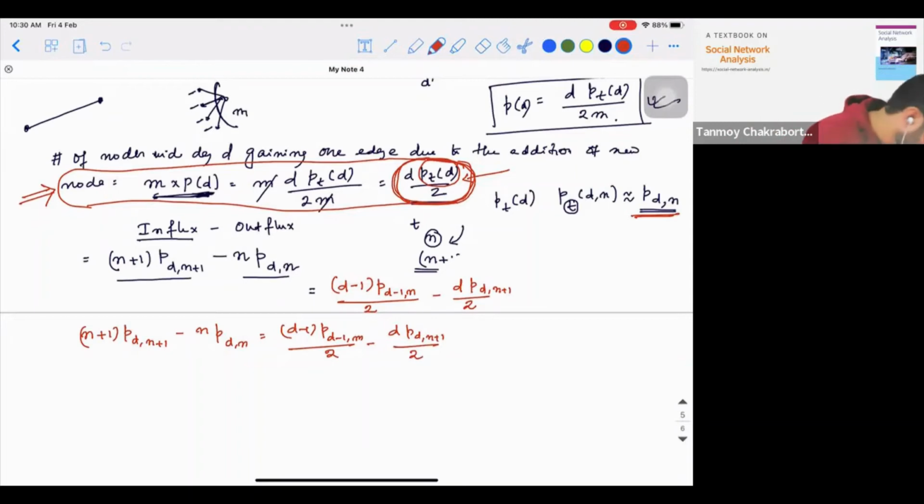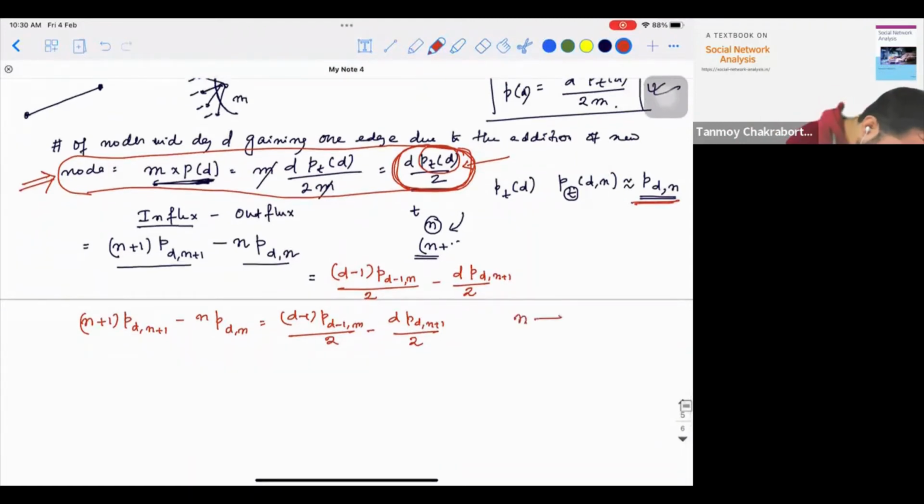Okay, now when n tends to infinity, all these quantities P of d minus 1, n, P of d, n plus 1, P of d, n, all those notations, you can ignore this n part, because n plus 1, n minus 1, when n tends to infinity, all are the same, right?